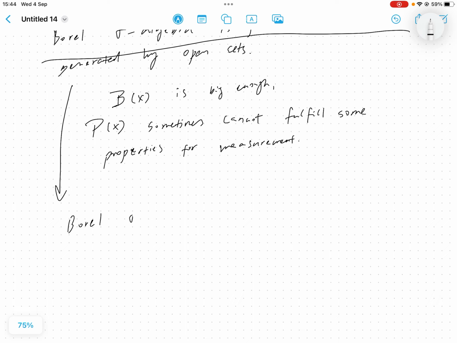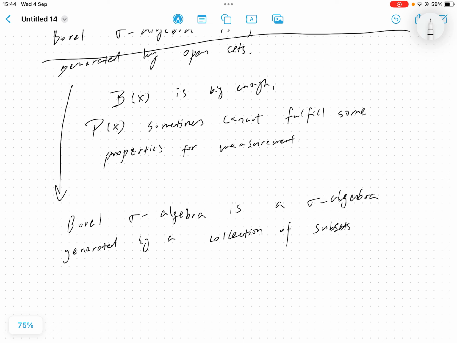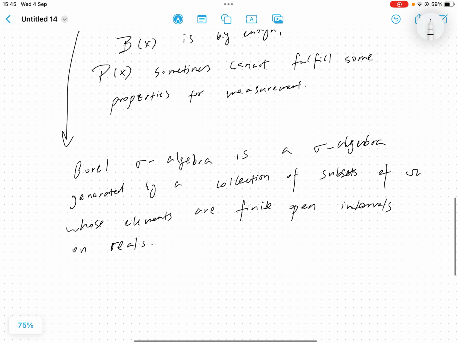A Borel sigma algebra is a sigma algebra generated by a collection of subsets of omega, and whose elements are finite open intervals on the real numbers. Okay, so that's the definition for a Borel sigma algebra, right?